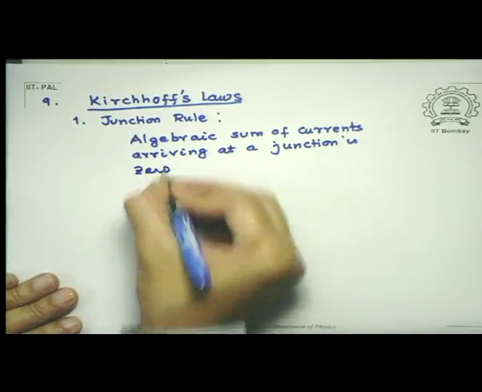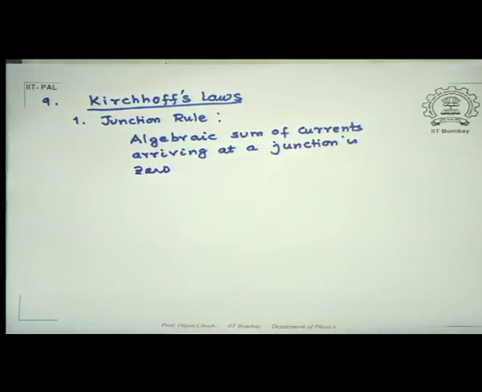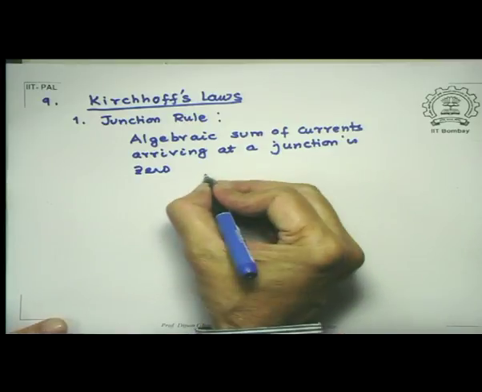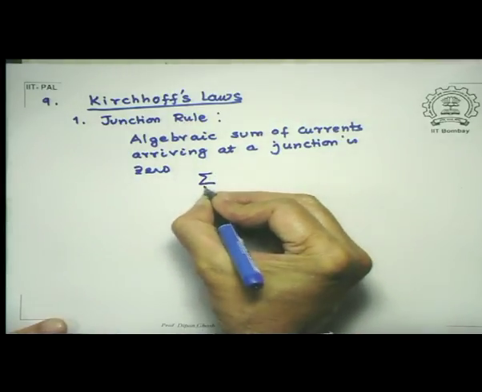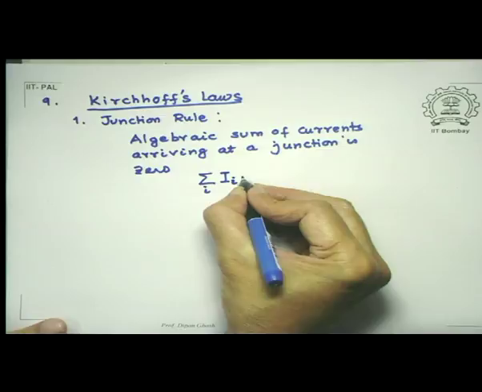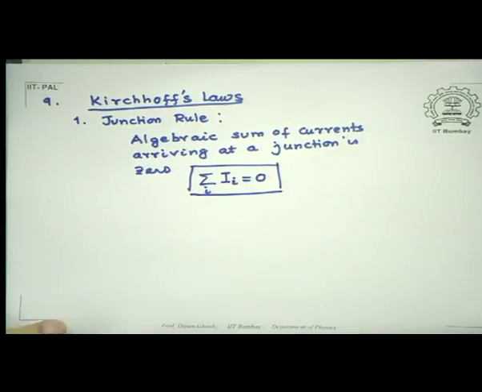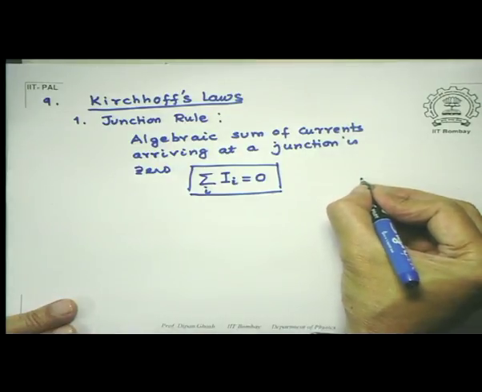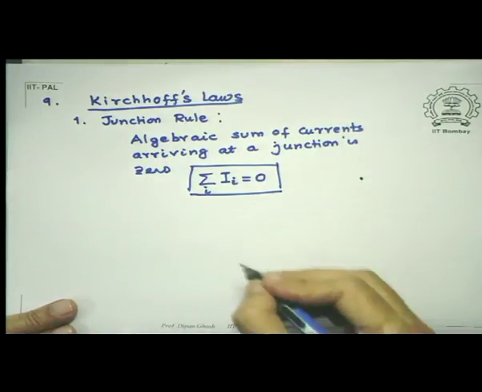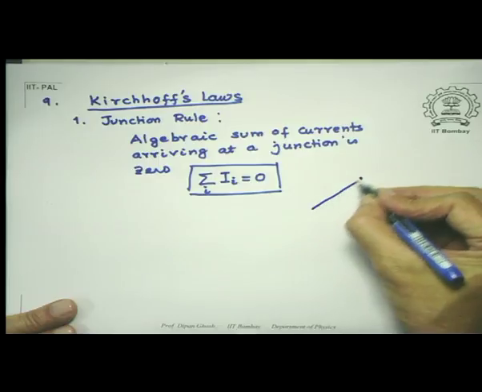Now you could have stated it in a different way. You could have said algebraic sum of currents leaving a junction is 0. I will explain what it means. So let me first write down this sum over I equal to 0. Supposing there is a junction where my currents arrive like this.